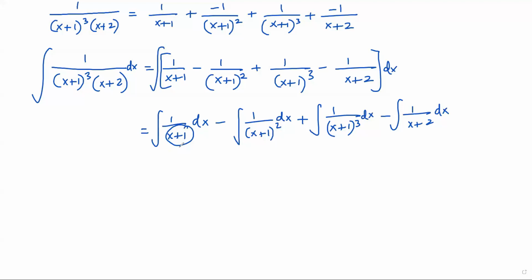If I find the derivative of x+1 with respect to x, it is just 1, which we have in the numerator. Whenever we have the derivative of the denominator in the numerator, the integration of such a rational function is the natural logarithm of what we have in the denominator, that is x+1. So the integration of 1 over (x+1) dx is equal to the natural logarithm of x+1.